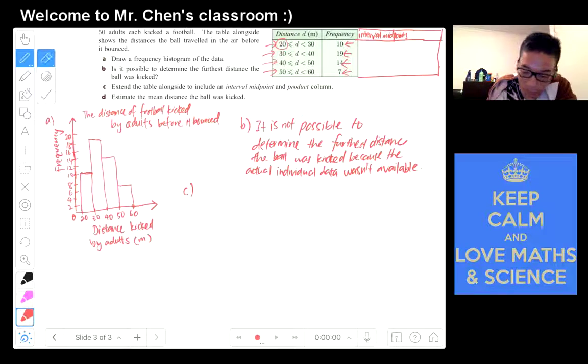Because of the limited space, I will just write interval mid, which represents midpoint, and your product. So interval midpoint for the first class interval is 25 because it is right in the middle of 20 to 30, and 30 to 40 is 35, and then 45 for the next one, and 55 for the next one because it's right in the middle.